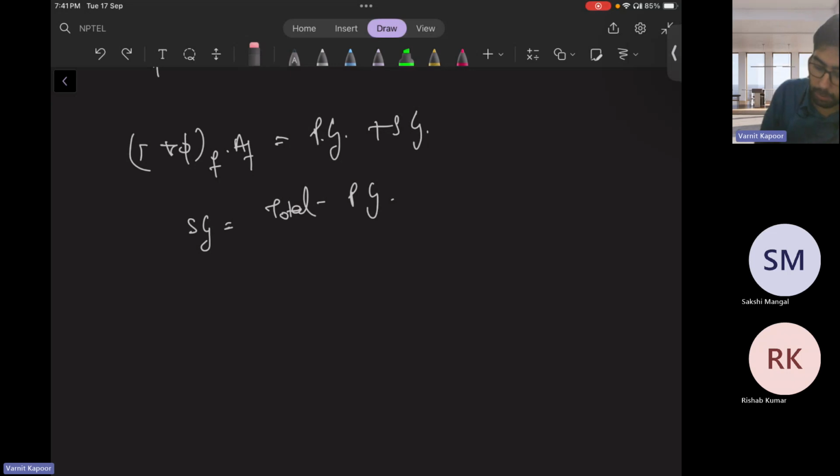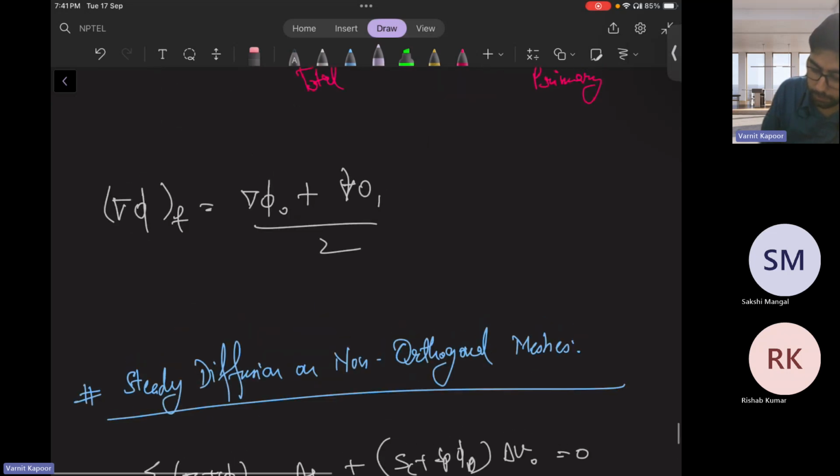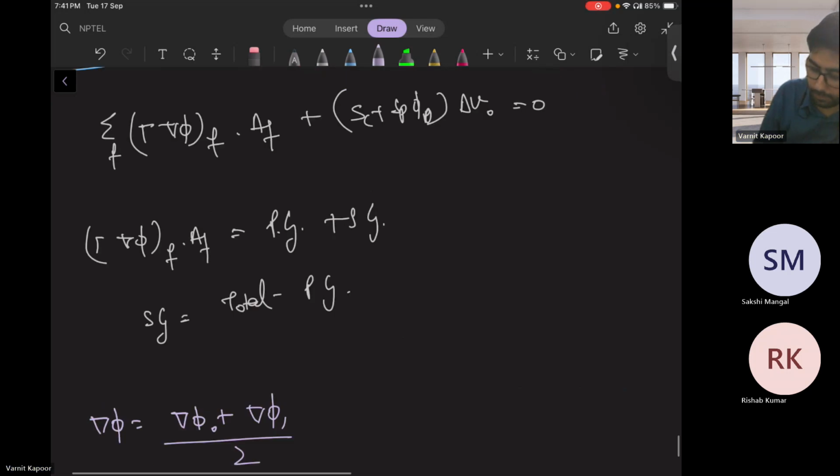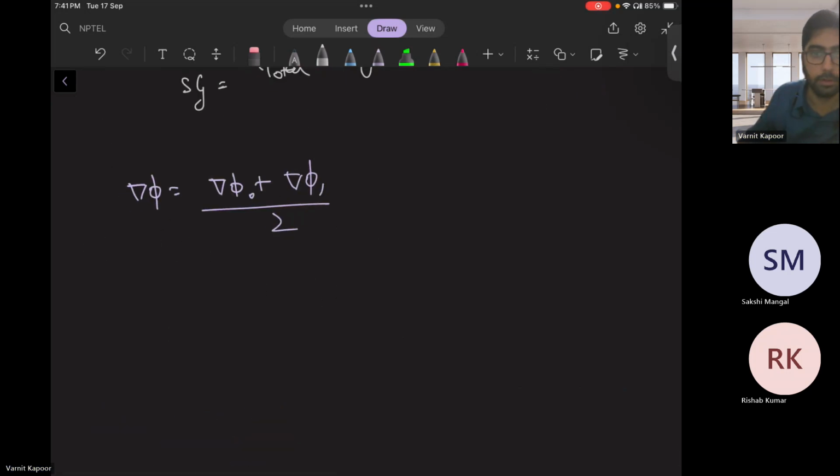So what do I mean? Grad of phi on the face can be written as grad of phi 0 plus grad of phi 1, divided by 2. We average these values to get the value at the face.